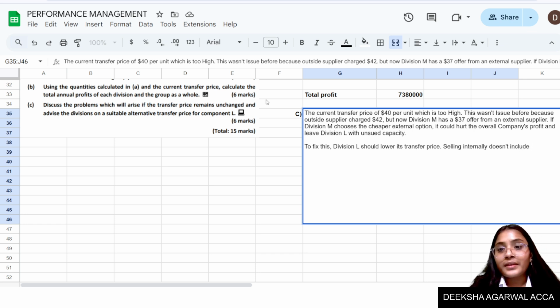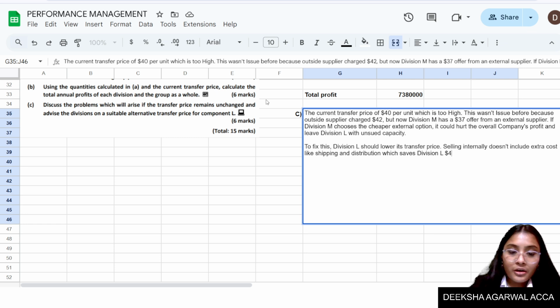Extra costs like shipping and distribution, which will save how much? $4 per unit.